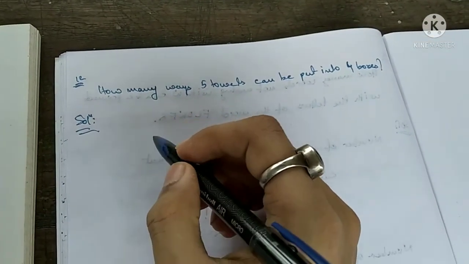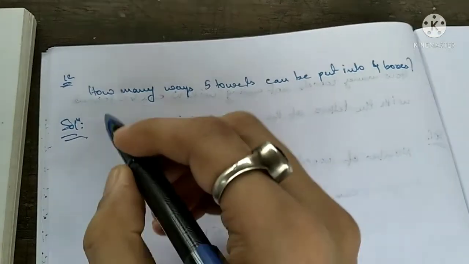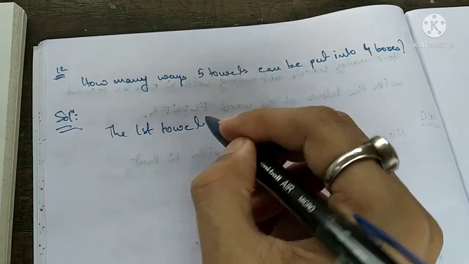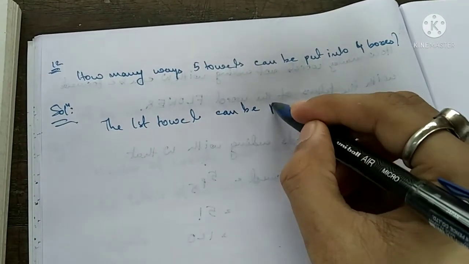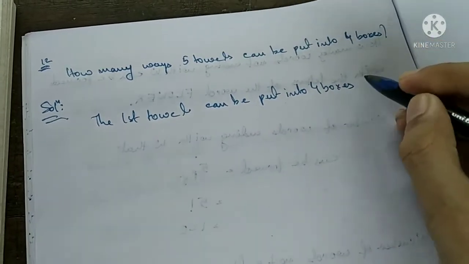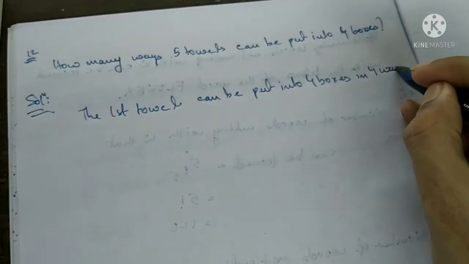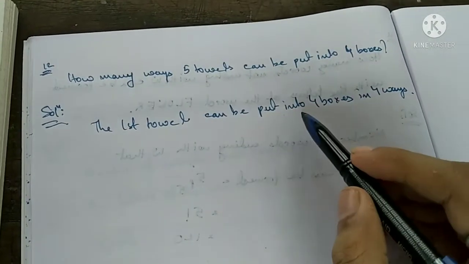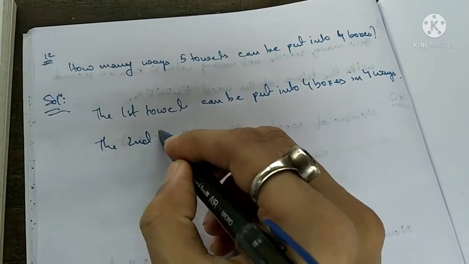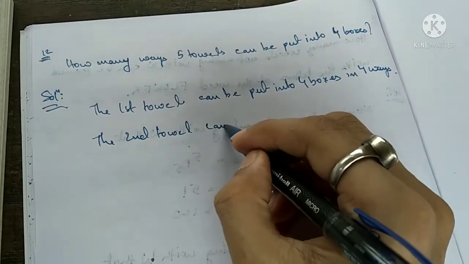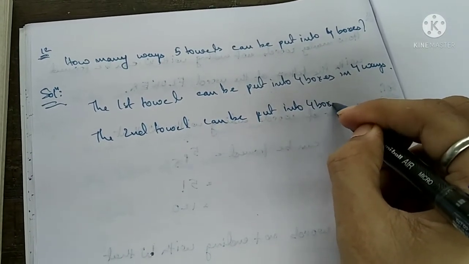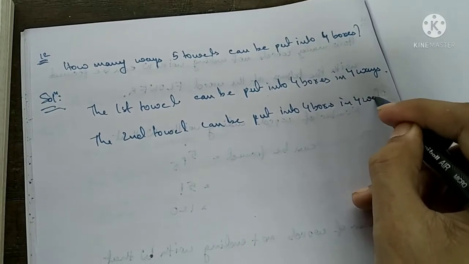So here I will write: the first towel can be put into 4 boxes in 4 ways. Again, the second towel can be put into 4 boxes in 4 ways.